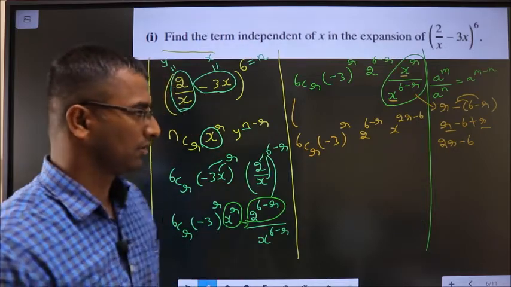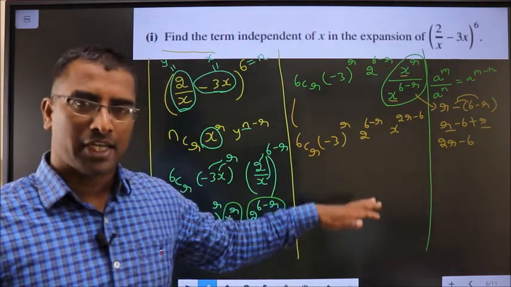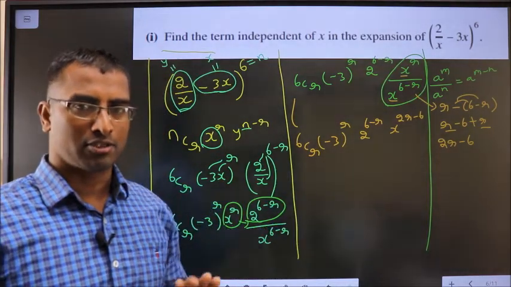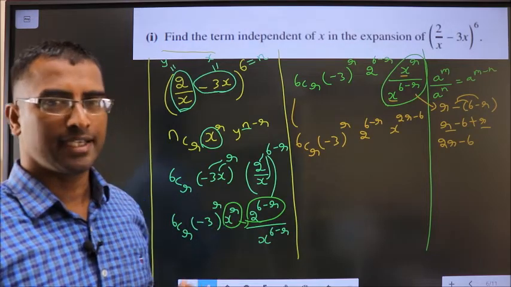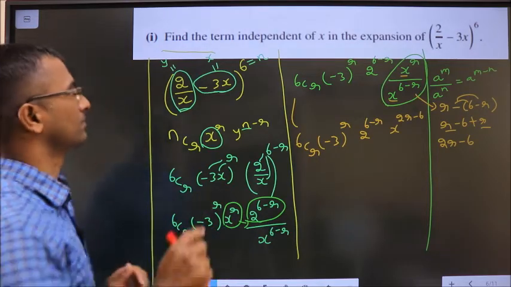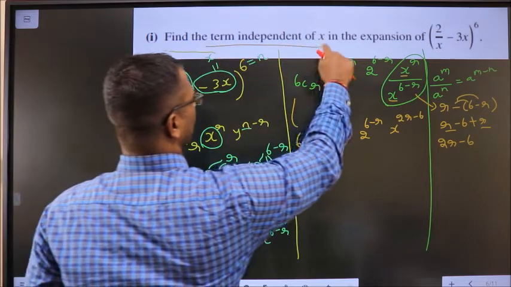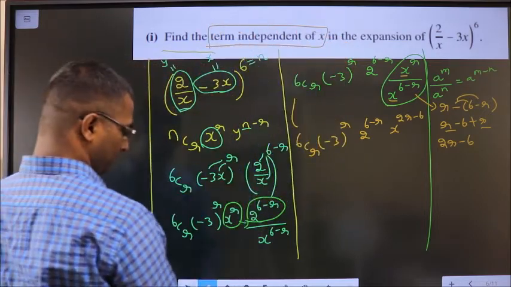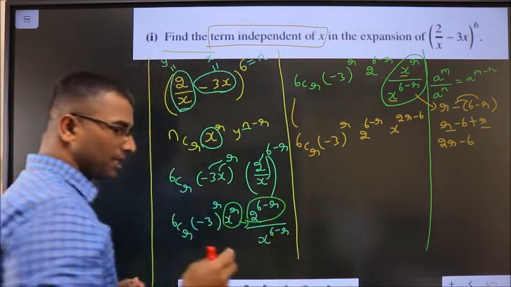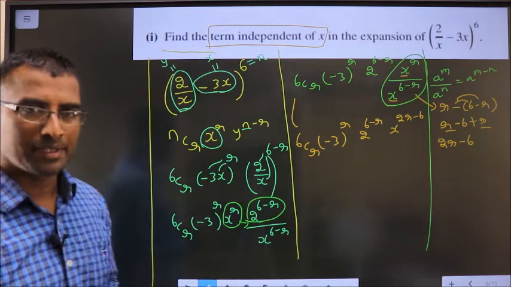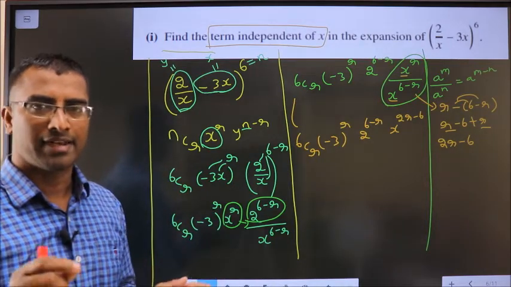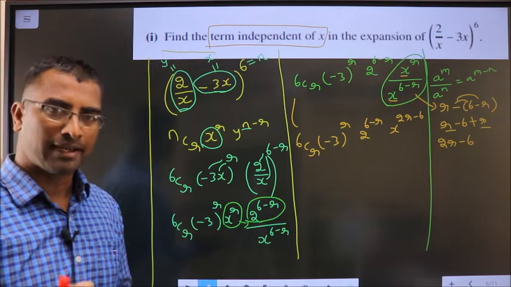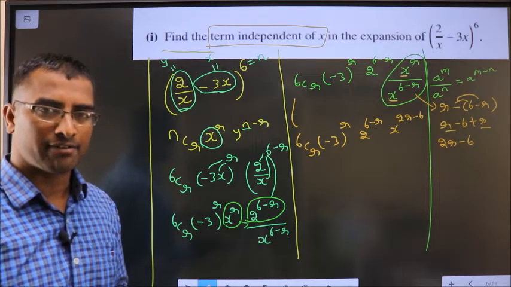Okay, now the general term cannot be simplified further, so we stop. Now what is he asking for? Term independent of x. Term independent of x means that term doesn't have x in it. And how can I make sure that term does not have x in it?